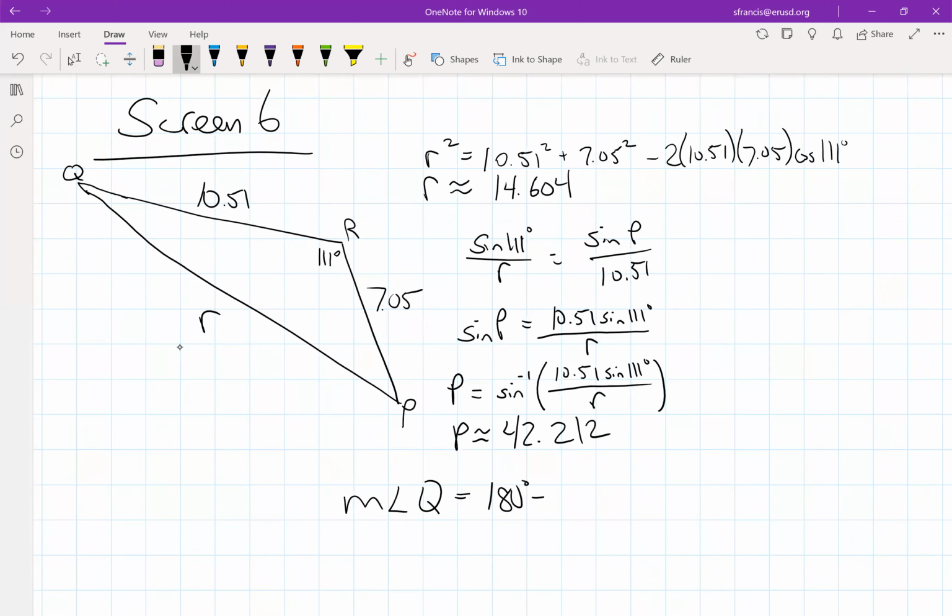So 180 minus the 111 minus the measure of angle P, which is 42.212. This should be degrees right here, ladies and gentlemen. And then when you run that through your calculator, you get 26.788 with rounding, 26.788 degrees.